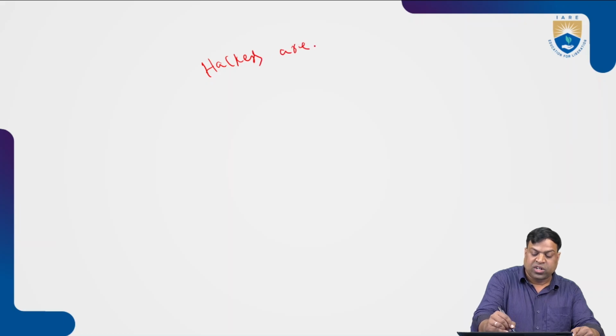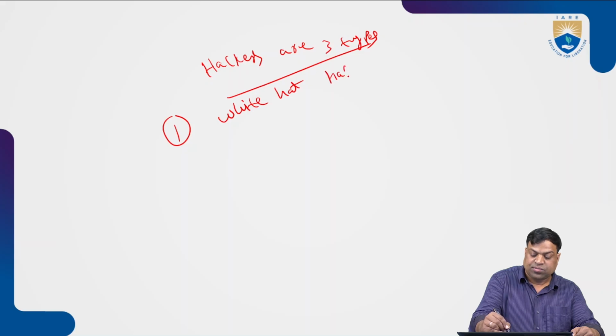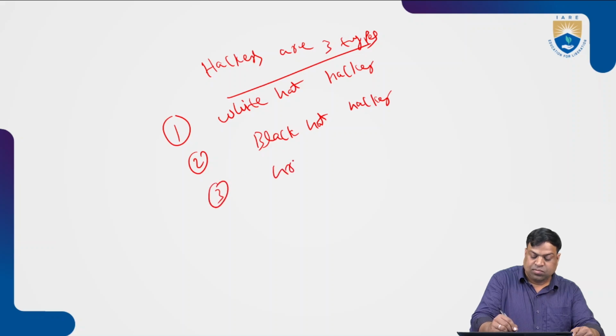So here, hackers are majorly of three types: white hat hacker, black hat hacker, and grey hat hacker.